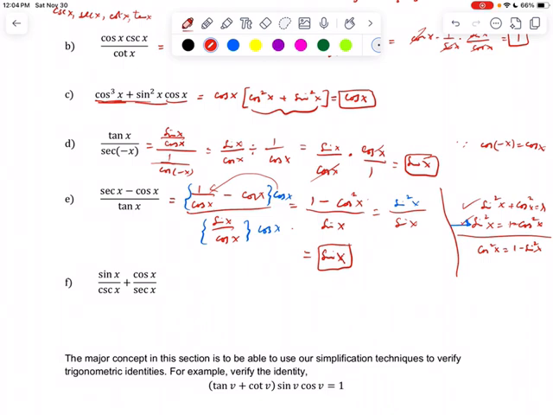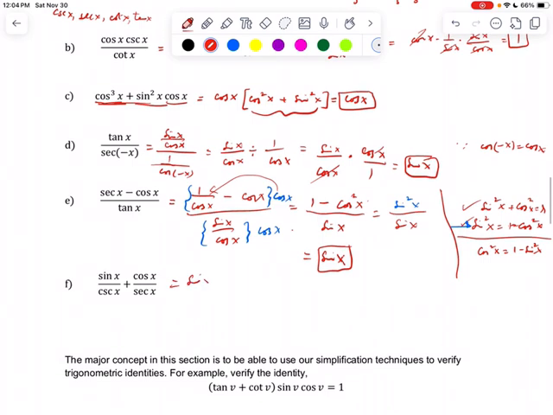So I can think of the first one as sine of x times 1 over cosecant of x plus cosine of x times 1 over secant of x.